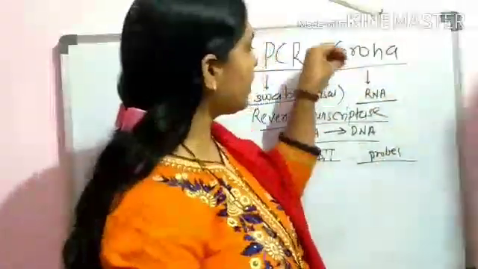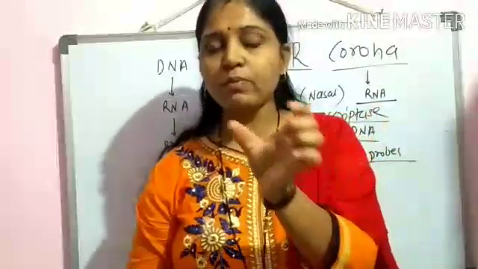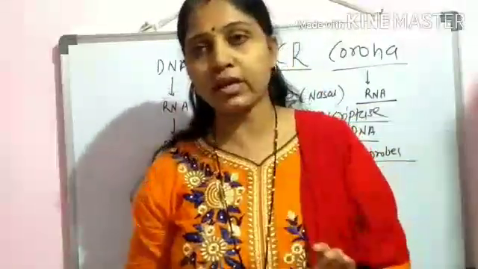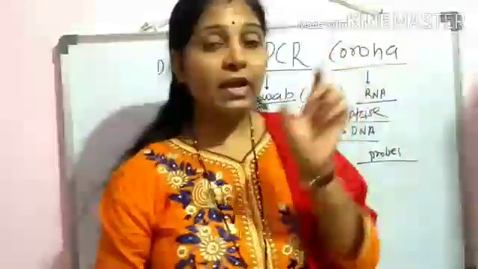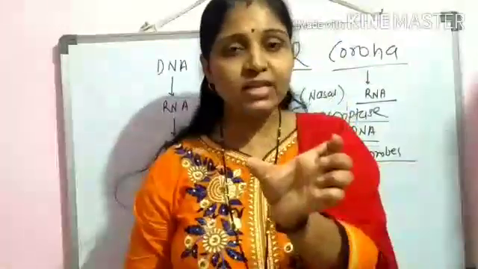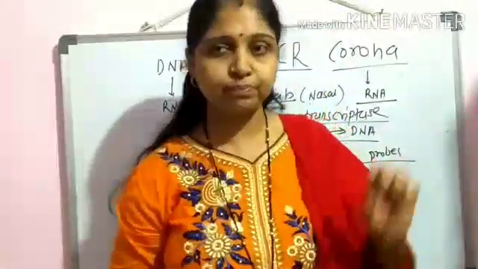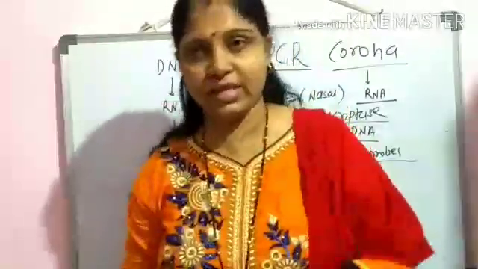As we are using the specific enzyme, reverse transcriptase, responsible for converting the RNA into DNA, it is called reverse transcriptase PCR. And as we are also quantitatively estimating the presence of the coronaviruses through the fluorescence, it may be called a real time PCR.